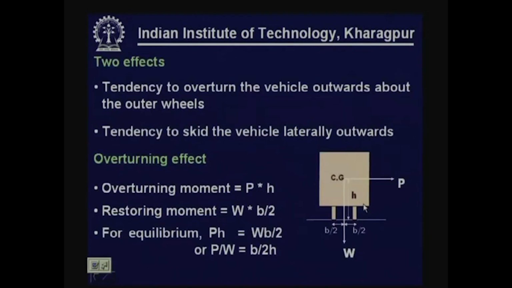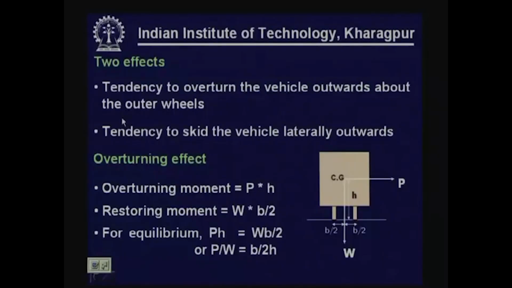Now, when a vehicle is negotiating a horizontal curve, this centrifugal force has two distinct effects. One is it tries to push the vehicle outward, and another is it tries to overturn the vehicle about the outer wheel.